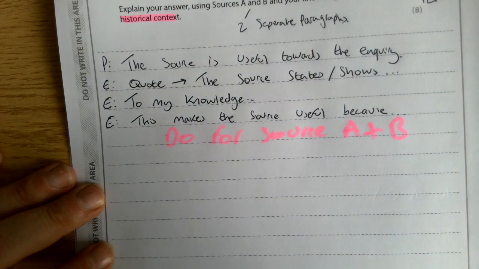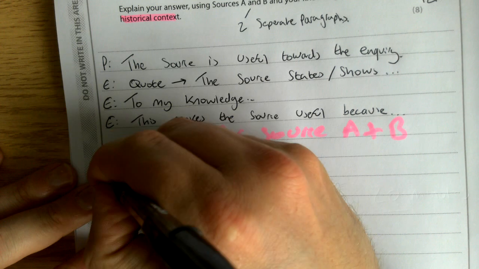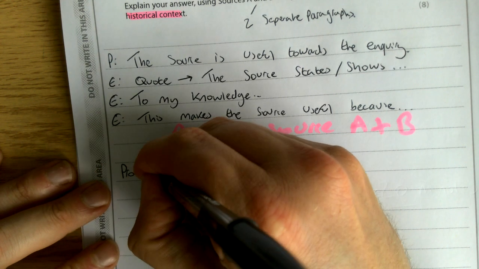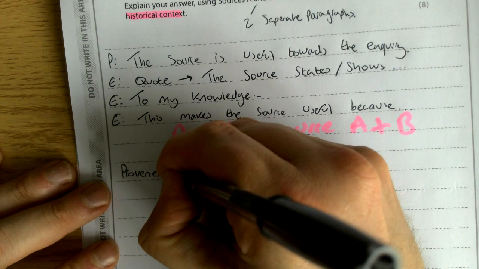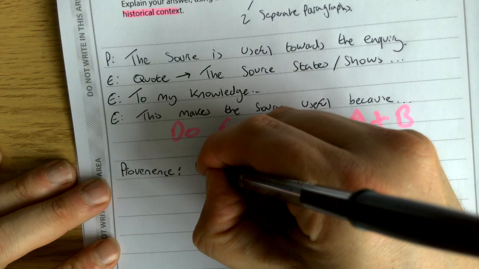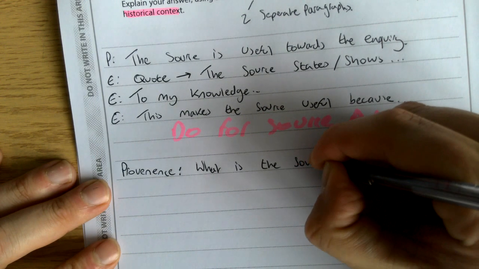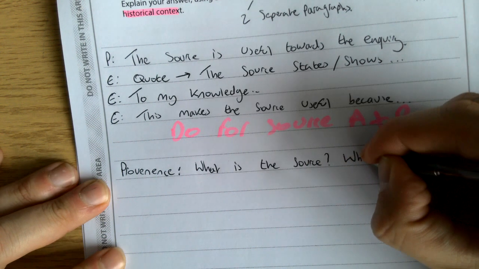So, remember what the provenance is. What is the source? When was it created? Where is it from? So, the bit to start with is the provenance. What is the source? When was it created?